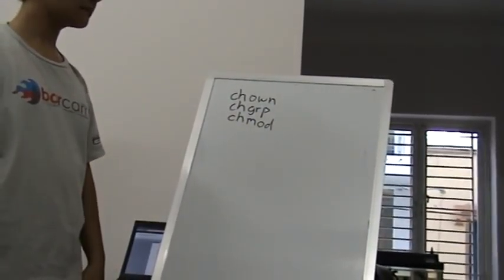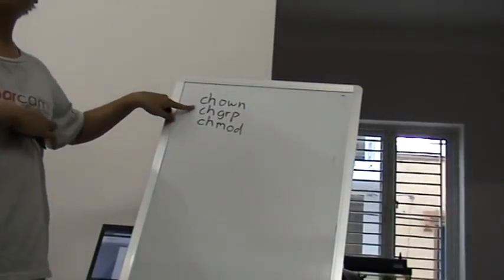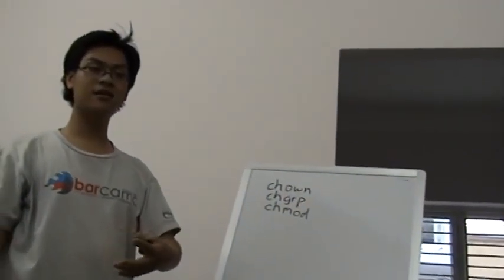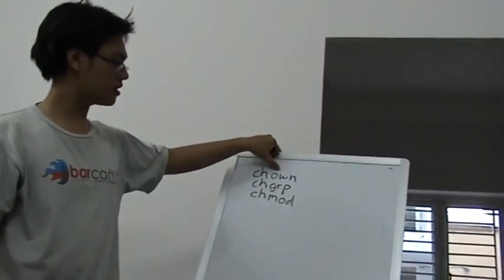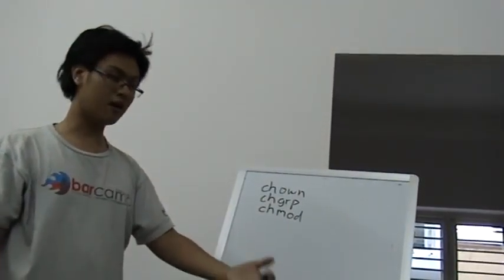The permissions. Yeah. So we can use chown to change the group, but sometimes you just want to change the group and not change the owner. So this will be faster. Like if you want to use chown to change the group, then you need to change it to the same user and another group.